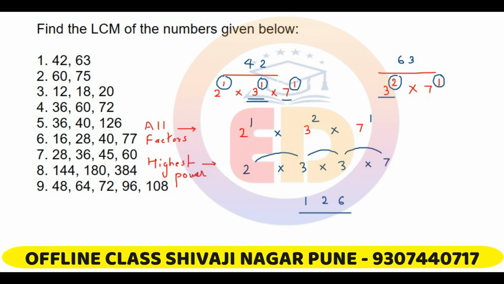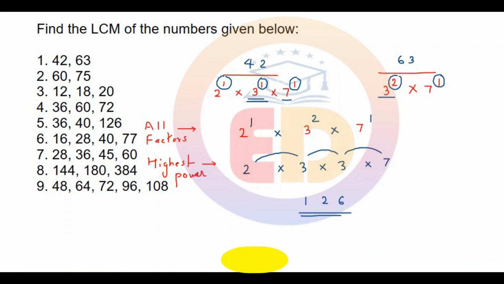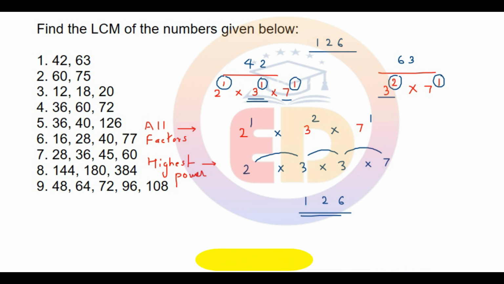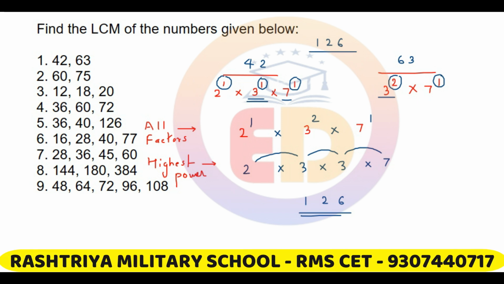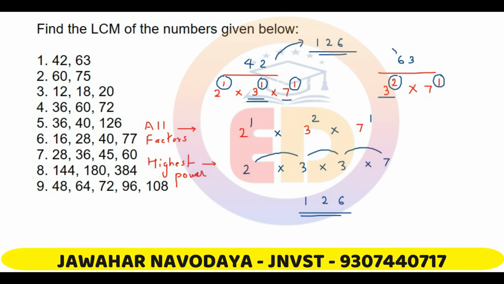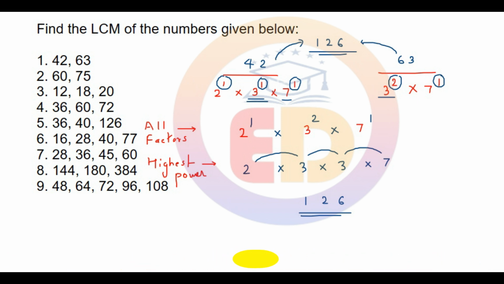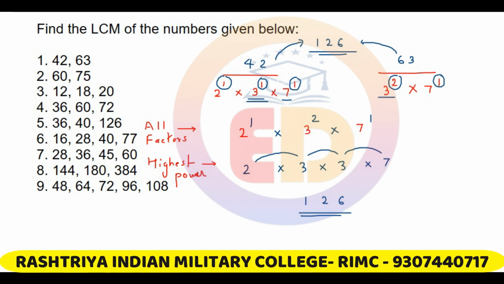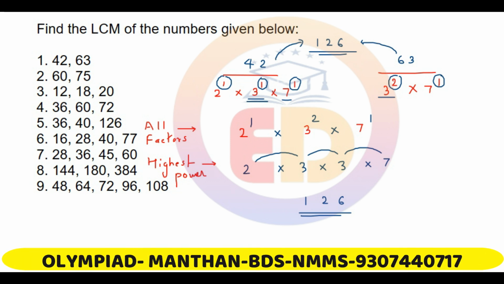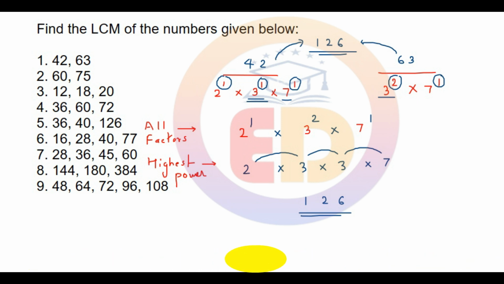So 126 is the LCM of 42 and 63, which means 126 is the smallest number which is a multiple of 42 as well as multiple of 63. That is the concept of LCM using the factorization method. We can also solve this question using the common division, which we will learn just now.